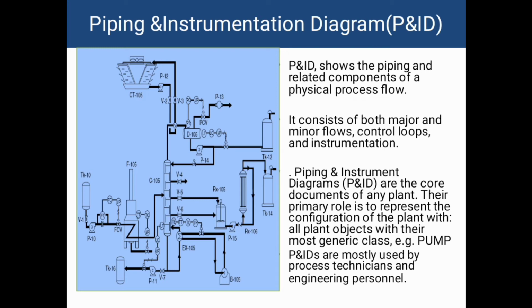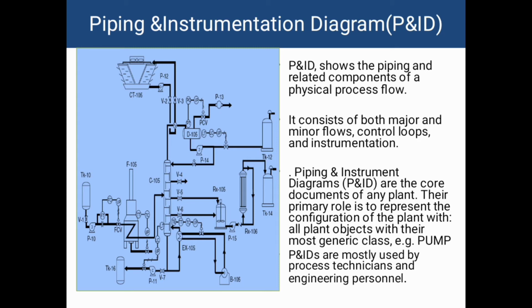Here, the connection between these equipment and the instruments installed in the equipment, the interlocking between the instruments, how the controlled variable is conveyed to the control room, in what way, whether it is an electrical signal or pneumatic signal, how many instruments are located in the field, how many are located in the control room, and how many are located in a remote place, everything will be detailed in this piping and instrumentation diagram.